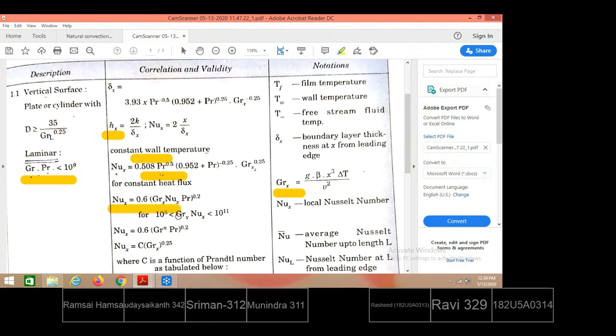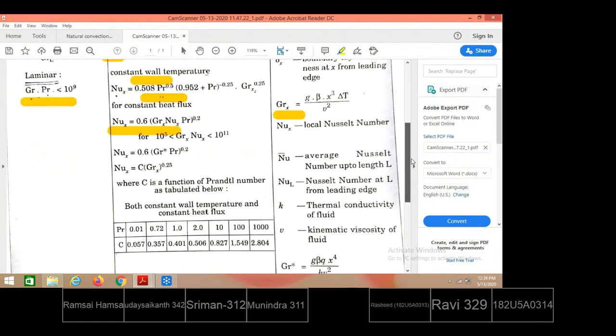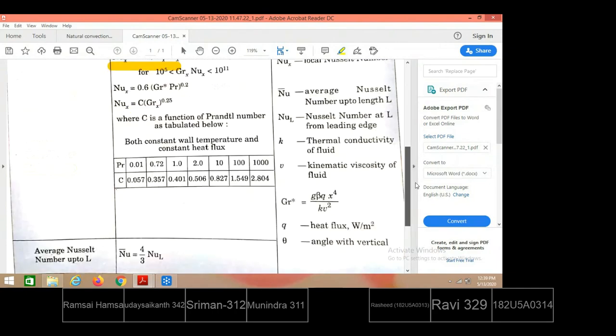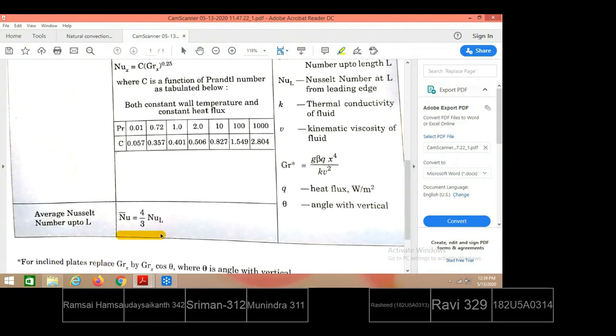These are all available in the data book. You need not remember anything. The corresponding Nusselt number equation is taken and substituted. The average Nusselt number is calculated as 4 by 3 times the local Nusselt number. After getting the average Nusselt number, we assign this as h bar L by K, and h bar is obtained.